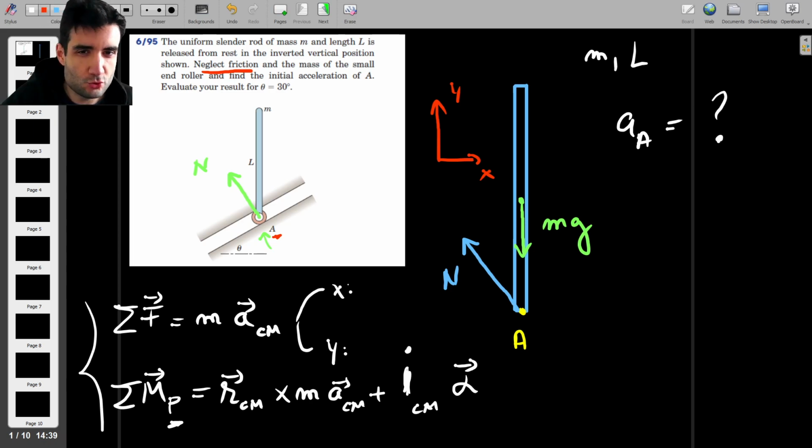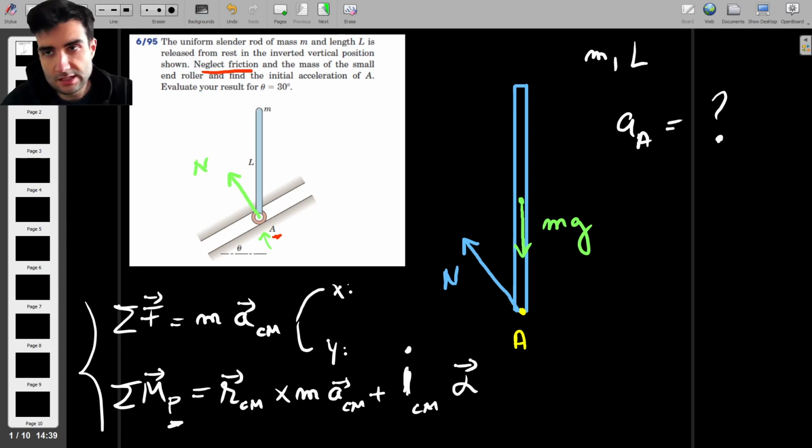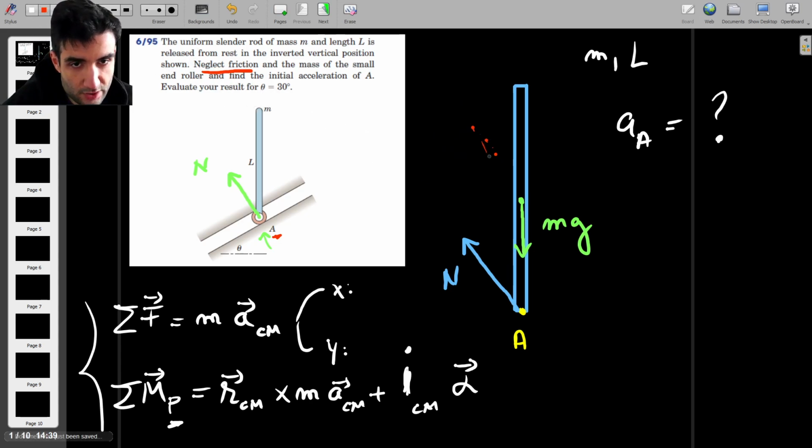But if you can choose any orientation of the coordinate system, it's better to choose one which makes your life a bit easier. And in this case, my claim is that I want to have a coordinate system which I place in the center of mass, and I want my x to be this way, and I want my y to be this way.